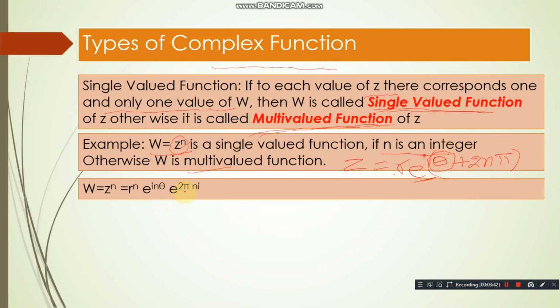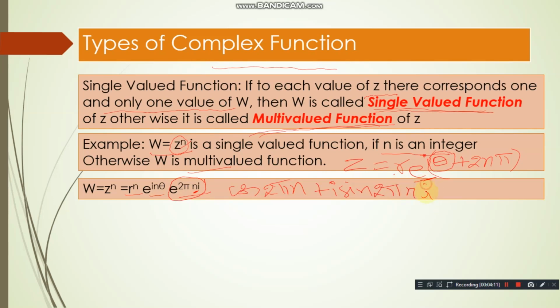Okay. Now observe here, z power n, r power n, e power i n theta, e power 2 pi n i. According to this, we will get this form, r power n, e power i n theta, e power 2 pi i n. If n is an integer, what about this value? It is nothing but cos 2 pi n plus i sin 2 pi n.